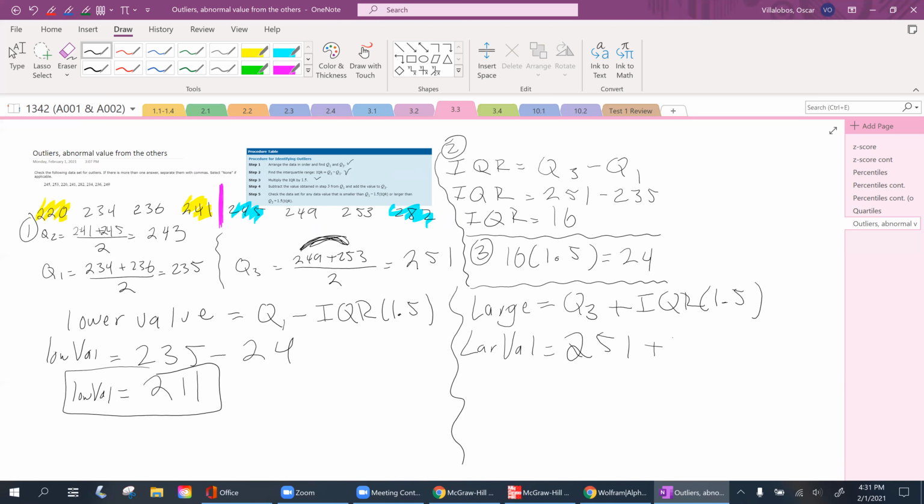We computed that. That was 24. So that means that my large val is 251 plus 24, 275. So now that you found these bounds, you're going to look at your data.